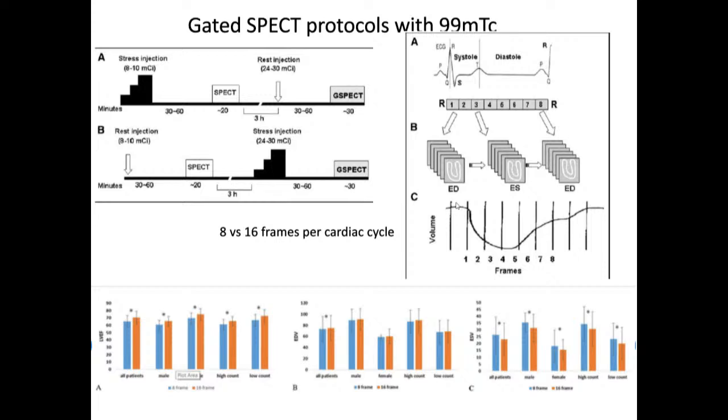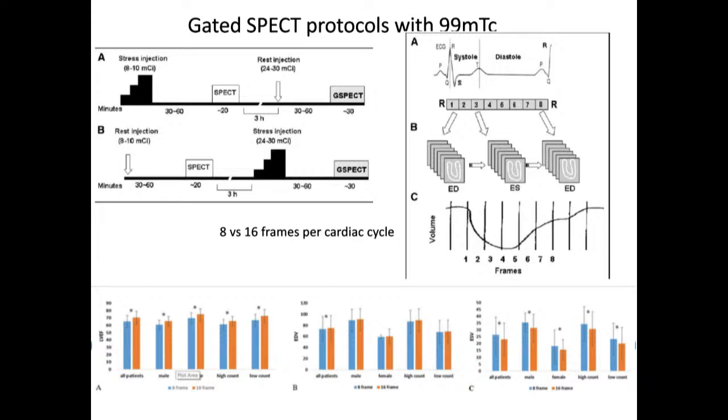All right. Like all the gated techniques, which include echo, MRI, CT, and nuclear, this is a gated technique. Essentially, you image the cardiac cycle multiple times, and then you divide each cardiac cycle into different percentages, establish the volume in different parts of the cardiac cycle, and come out with the ejection fraction.